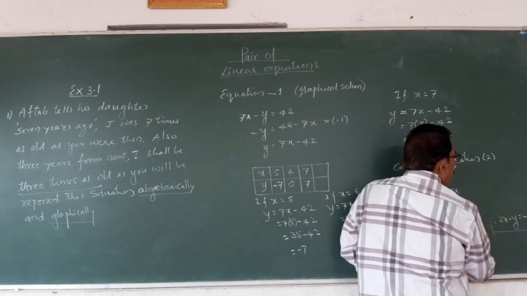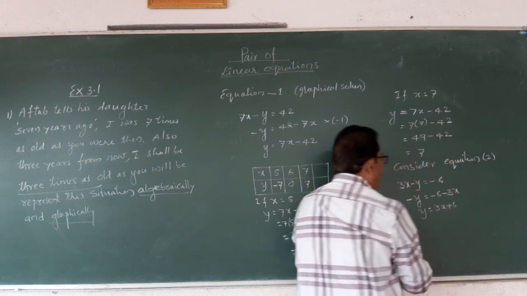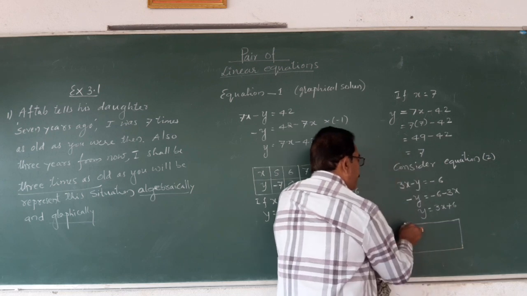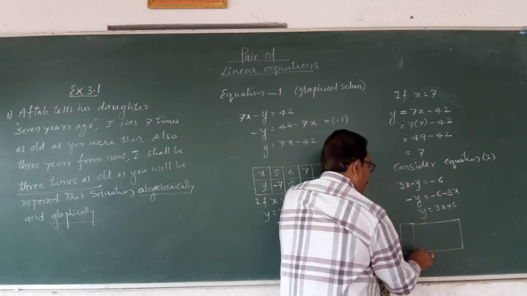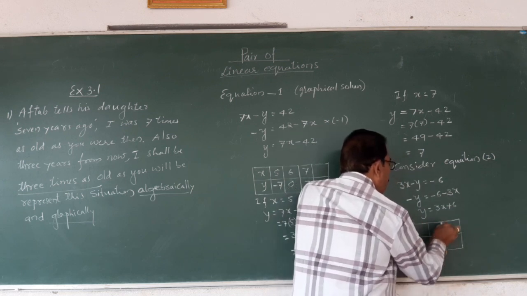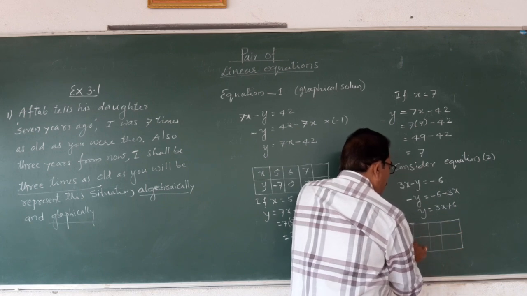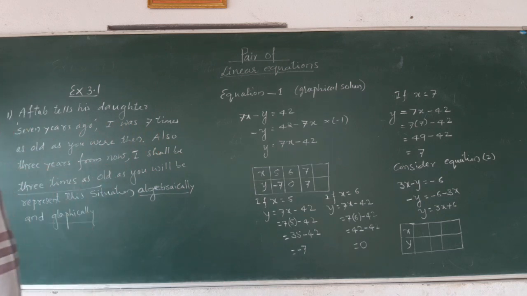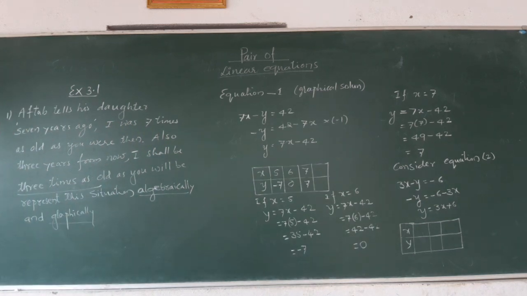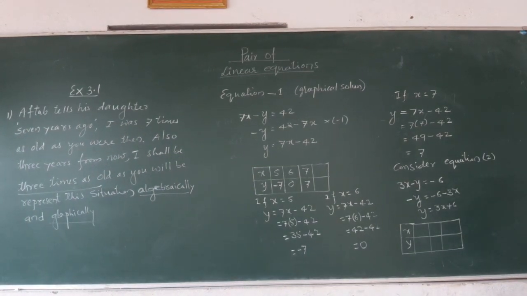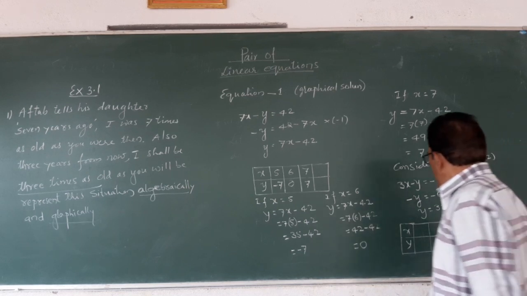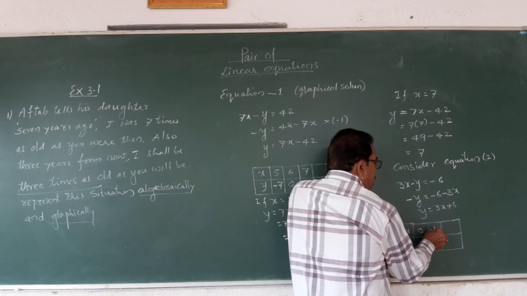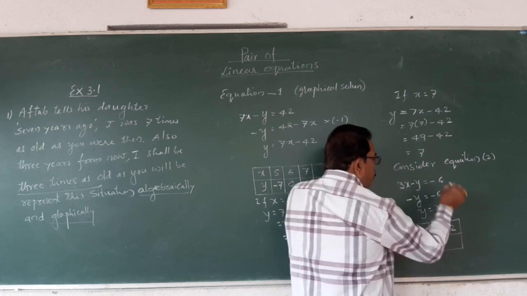Again, we have to make the tabulation of this equation, x and y. Okay, once again you observe that one. Let us take 0, 1, minus 2, like that.